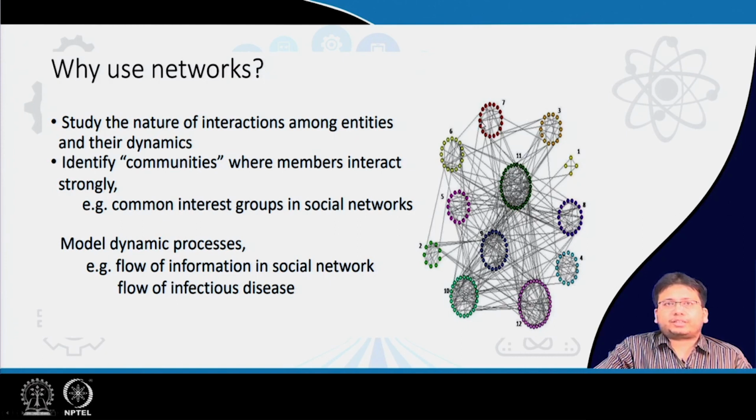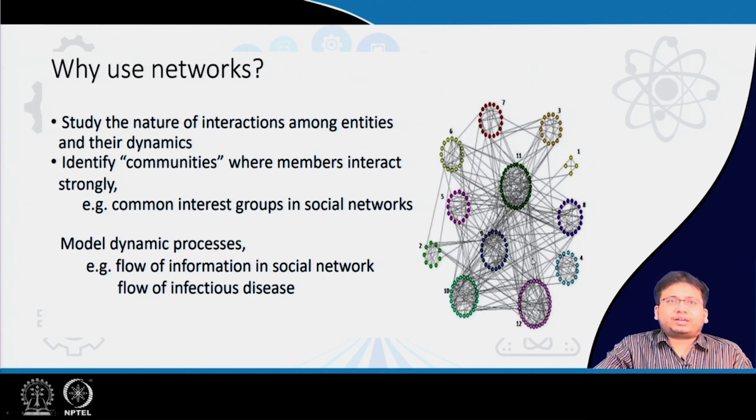For example, if we consider a social network, these densely connected clusters of nodes which you can see here can be considered common interest groups or other community-based groups or family-based groups, where the people know each other very closely, irrespective of whether they know other persons outside that network or not.